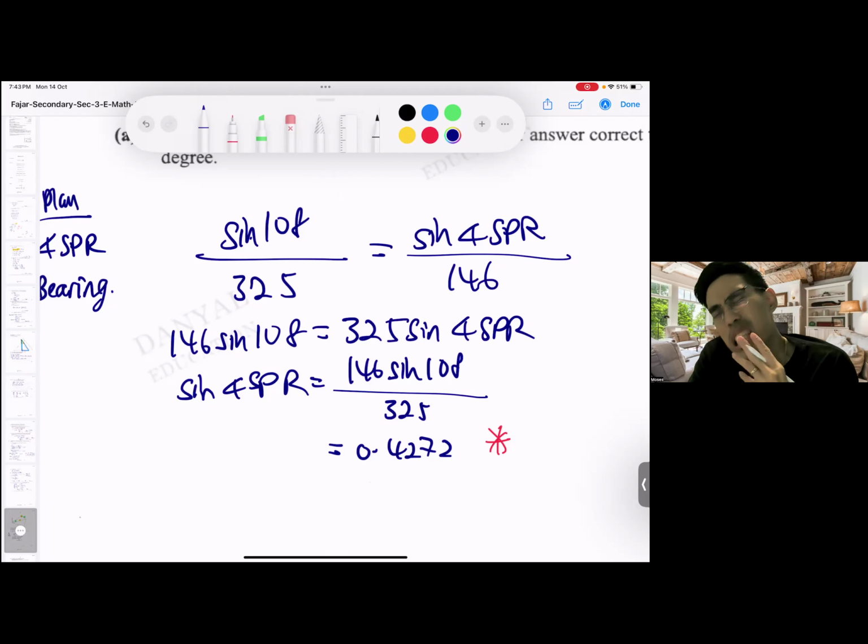You want to write the whole thing, 0.4272438...? Don't need. Normally for me, I write to about 4 to 5 decimal places. Enough already. But why?